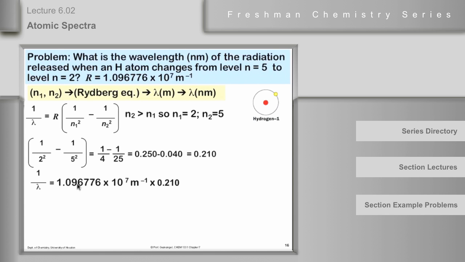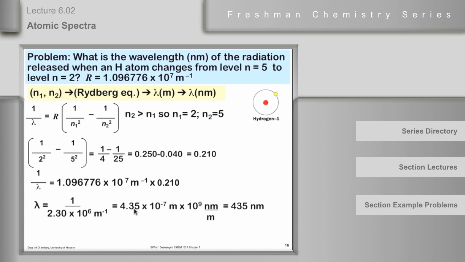1 over lambda is equal to 1.097 times 10 to the 7 meters to the minus 1, Rydberg constant, times the 0.21 here. And so that boils down to 1 over lambda is equal to 2.3 times 10 to the 6. And lambda then is equal to 1 over 2.3 times 10 to the 6 meters to the minus 1.